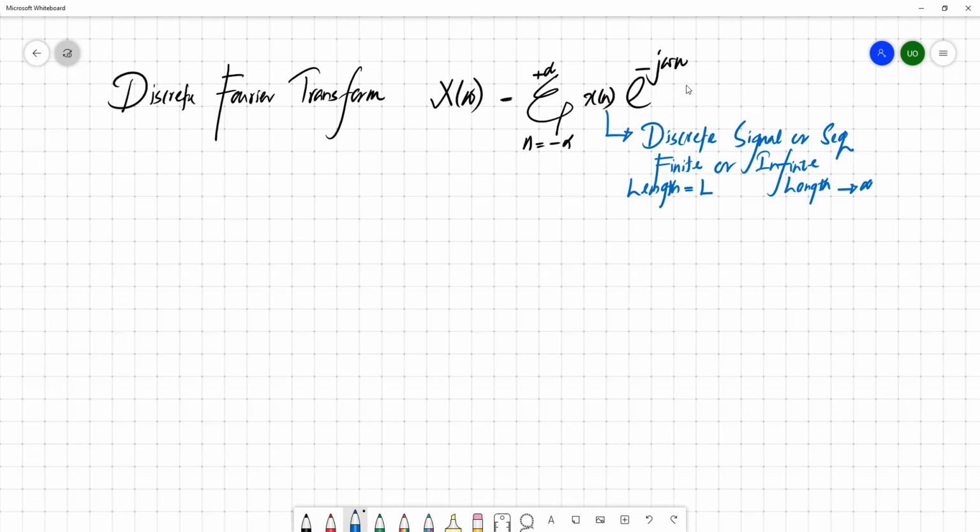For example, if you take u[n], this is basically an infinite length sequence. If you remember, u[n] is defined as 1 for n greater than or equal to 0 and 0 otherwise.